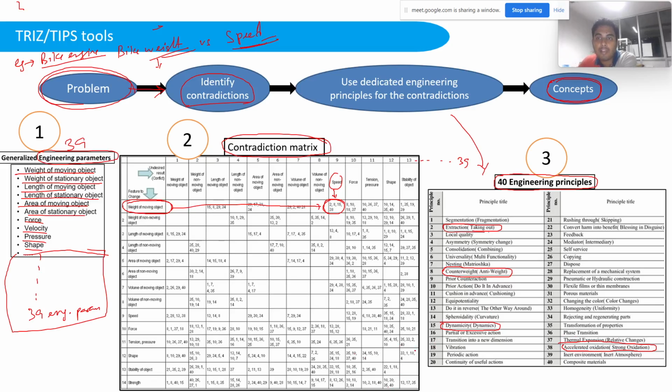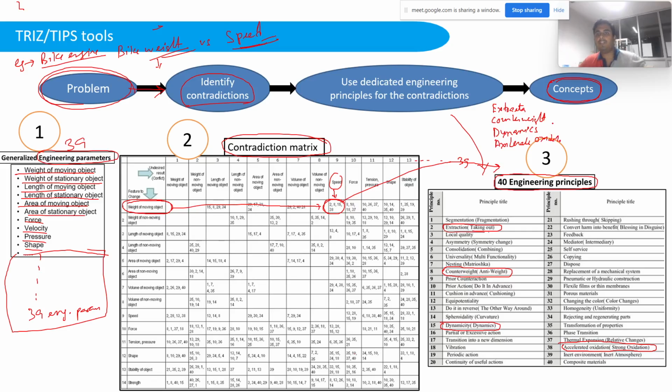So see, now you have these four principles which you can use for your concept generation. What are these principles? You use the principle called extraction, something called counterweight, then dynamics, then accelerated oxidation.